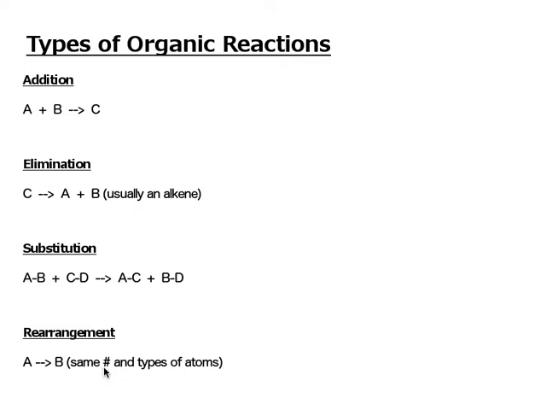It's just the way those atoms are connected is different in the product. That reactant has rearranged to form a different type of product. If you look at the generic equations for each of these types of reactions, you can see just by counting the reactants and products carefully, you can really categorize a reaction into one category or the other.